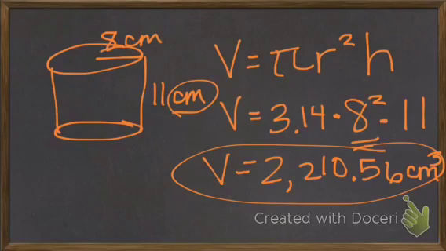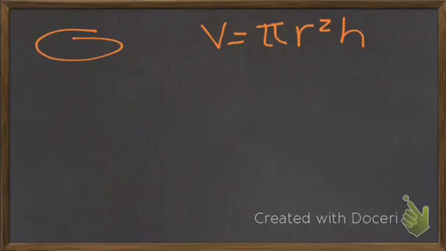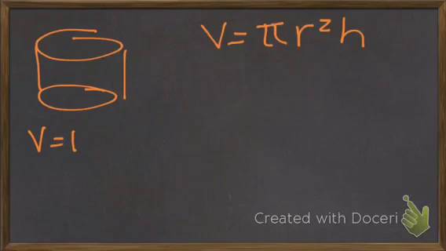Let's go ahead and do a different kind of problem. We're still going to use our same formula because it's still a cylinder. And I've got this cylinder here. And I'm going to tell you that the volume of my cylinder is 1,139 and 82 hundredths inches cubed.